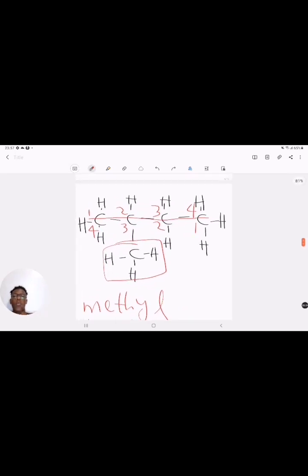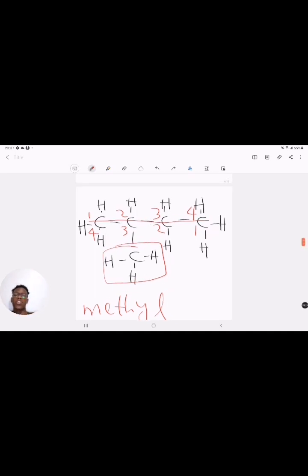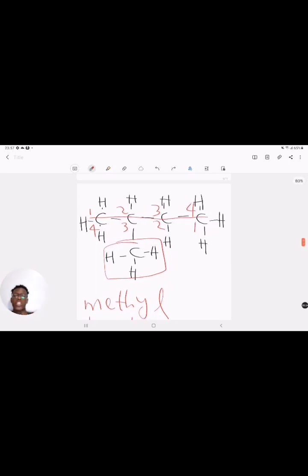I said 1, 2, 3, 4 from left to right and 1, 2, 3, 4 from right to left. Now, the smallest number that your branch is attached to is the number that you're going to use in your name. Which smallest number are we looking at here? Well, here's the carbon atom that has a branch, right?